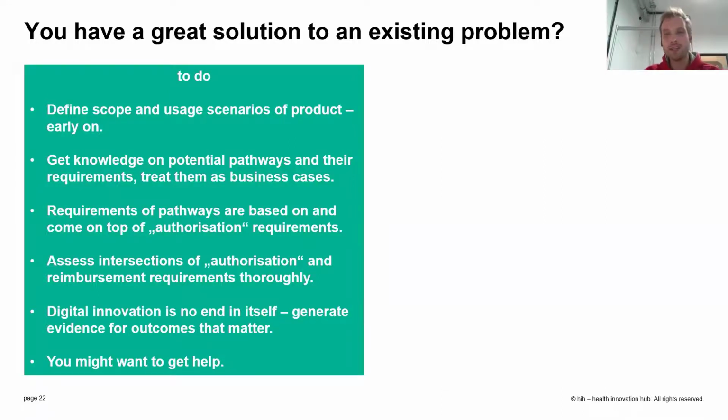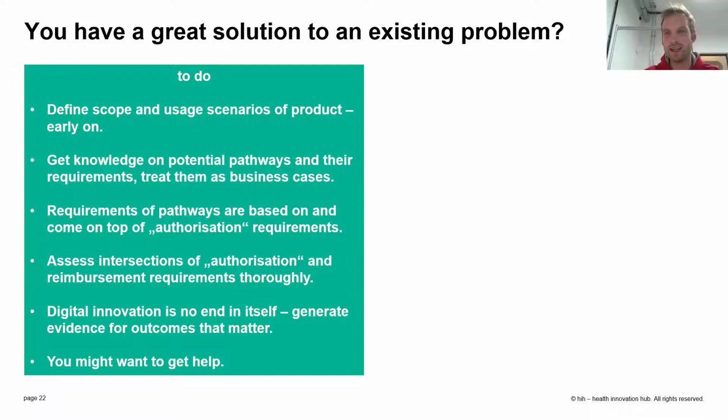Last but not least, digital innovation is no end in itself. We are not innovating just for innovation. Innovation has to generate new outcomes that matter for the patients, and you have to have proof that your solution is producing these outcomes. So you need evidence.